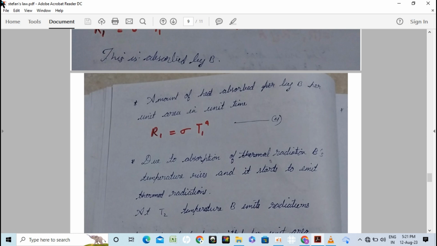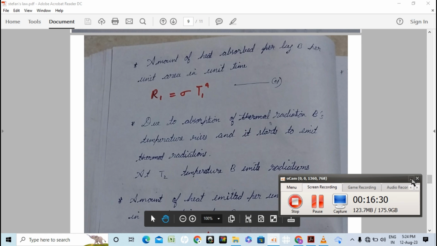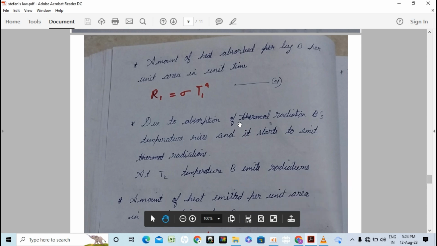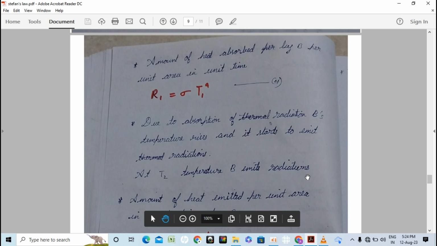Now due to absorption of radiation, B's temperature rises and it starts to emit radiations.